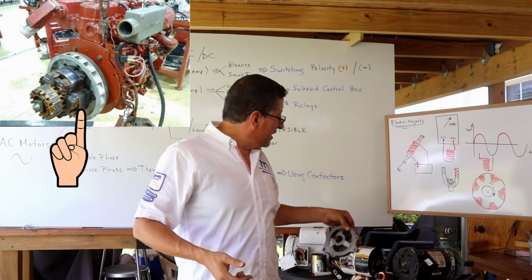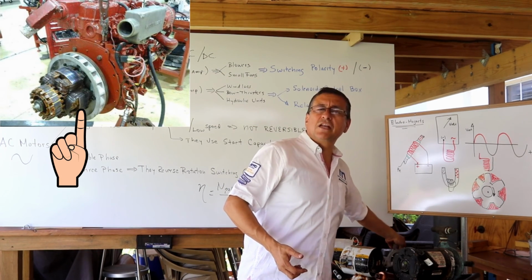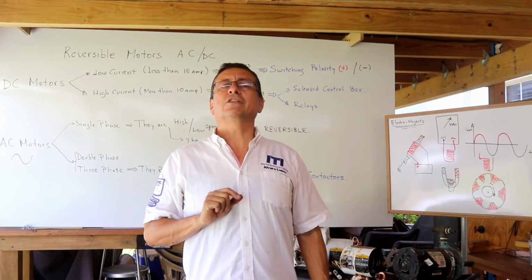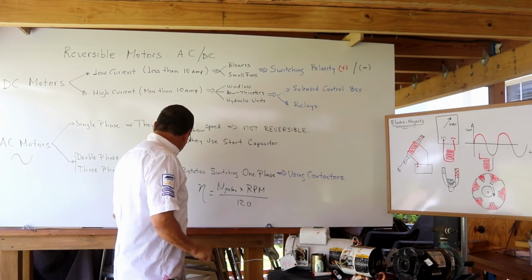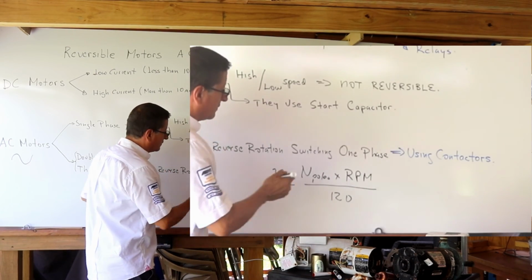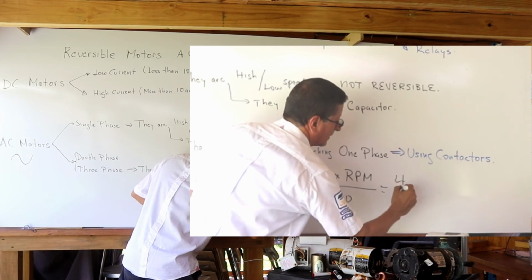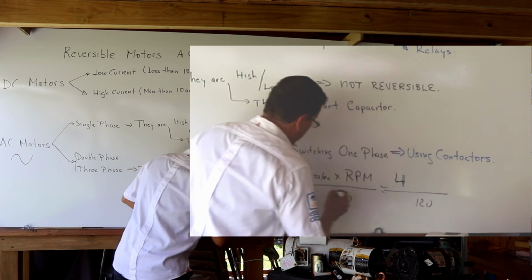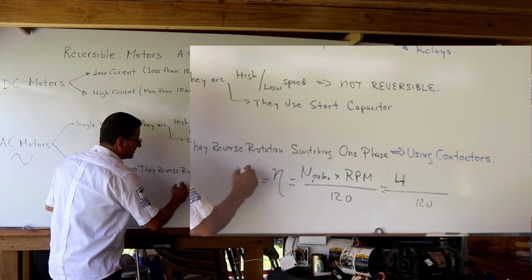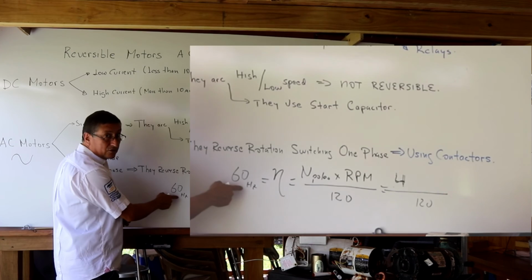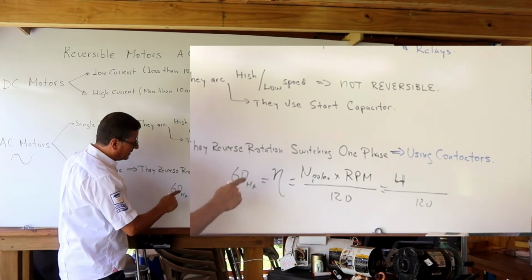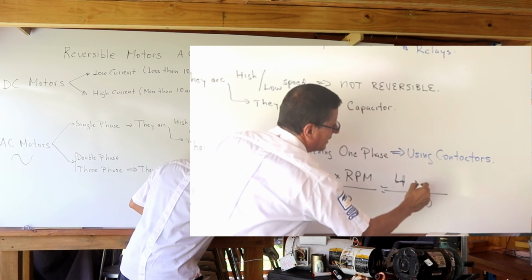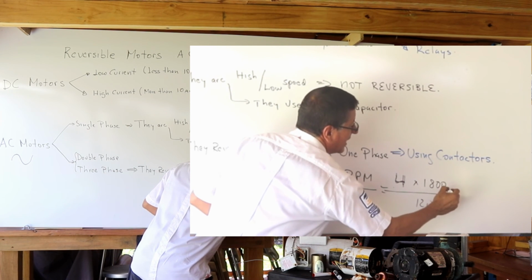The majority of the generators, 99% of the generators, have 4 poles on the rotor. For that reason, if I have 4 poles in the rotor, in order to get 60 Hertz for American power, 60 cycles, each cycle is 1 Hertz, I need 1800 RPMs.